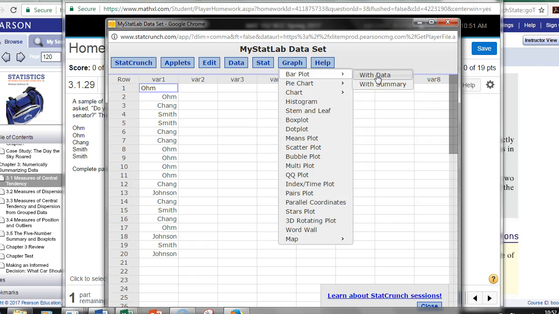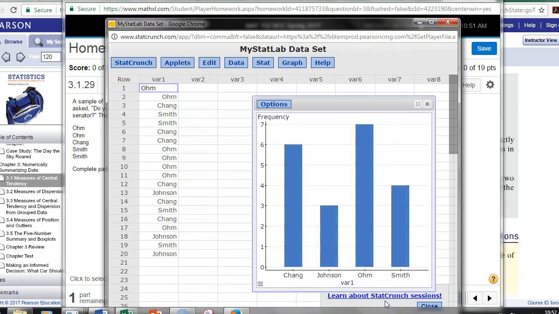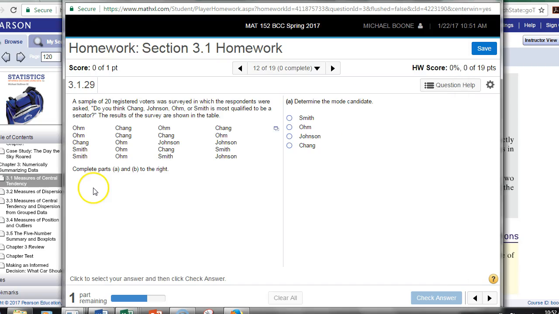So I have a list of all my data. If I just want to find out what's the mode, the most occurring, well, I could say Ohm is most occurring, right? Because I see that it has the most counts. That makes this problem a little bit easier, using our technology to help us get there.